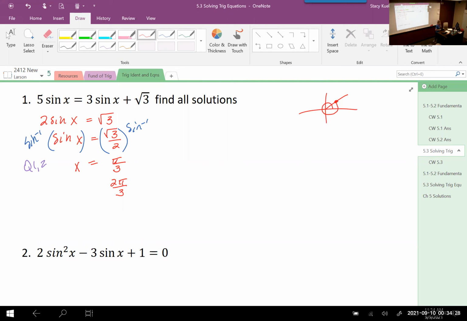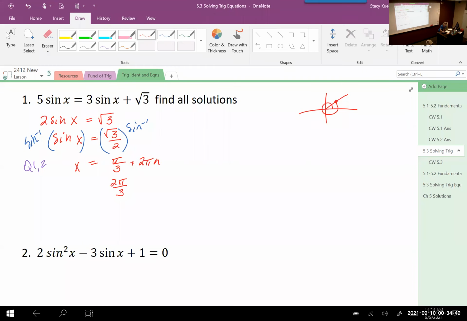In order to say in general all the solutions for the first quadrant, we would say pi over 3 plus 2 pi n, n being the number of times I'm going around the circle. 1 time around would be 2 pi, 2 times around would be 4 pi, 3 times around and so forth.